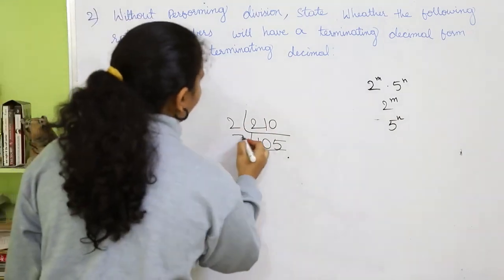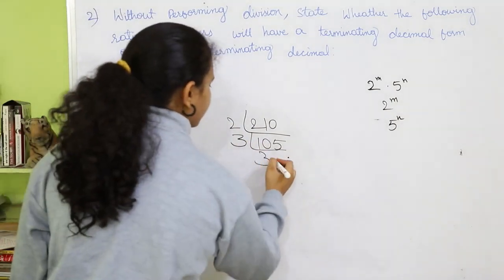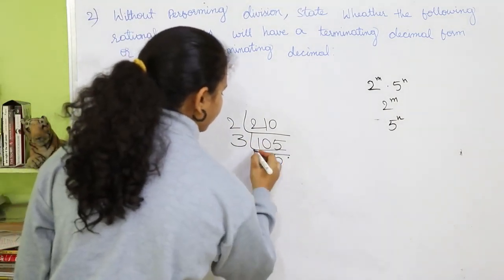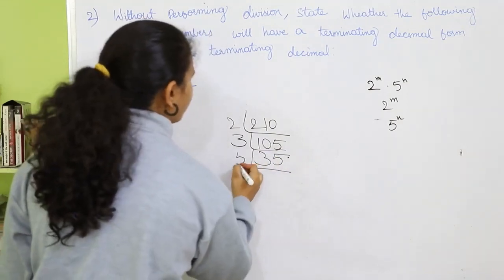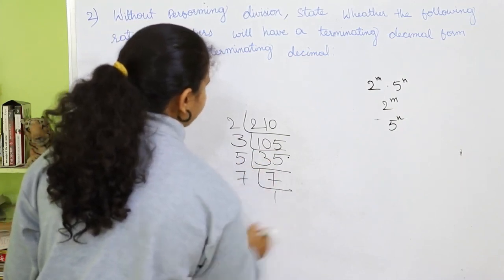Now you mark 3 over here. 3 3s are 9, and 3 5s are 15. Now you go for the 5 table, 5 7s are 35, and 7 1s are 7.